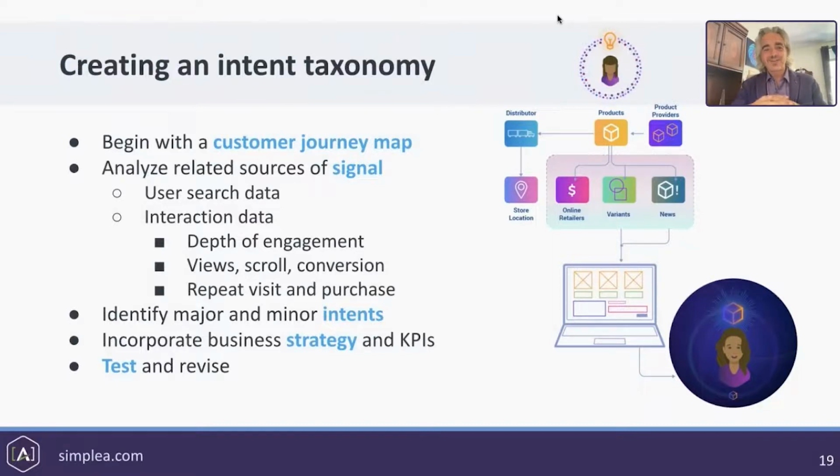So we also look at, when we're building these intent taxonomies, all the data, right? The user search data, interaction data, and we identify all those opportunities for intent to be expressed. And then we find ways that expression can make it into the model.